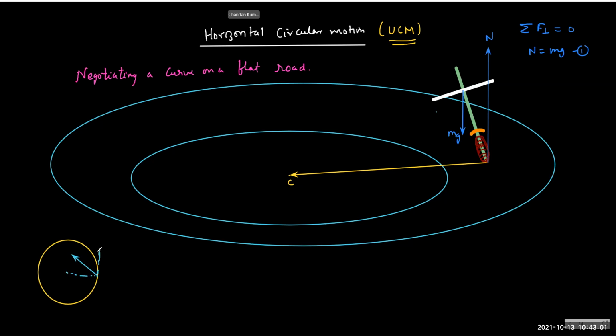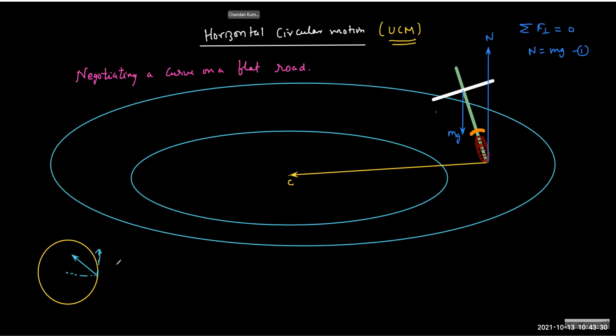And this will be dangerous because this will change the magnitude of the velocity. So if something is moving with uniform speed, one thing is clear: the friction has to act exactly towards the center. There is no other confusion. It will act towards the center.